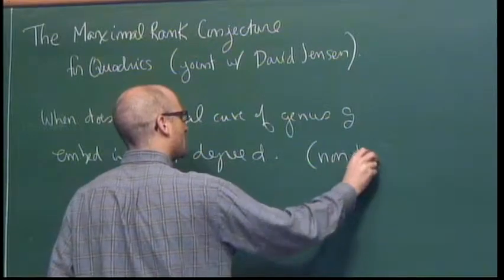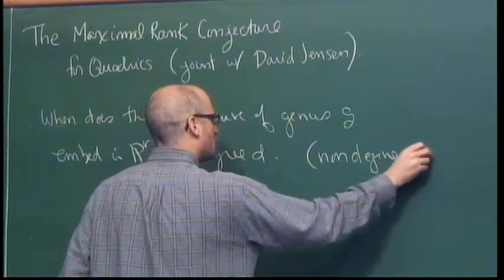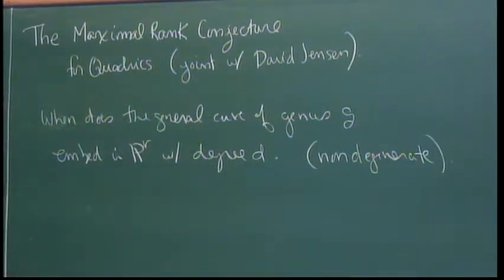And here we should assume that all of our embeddings are non-degenerate, so not contained in a hyperplane. And the Brill-Noether theorem can be rephrased as answering this question.